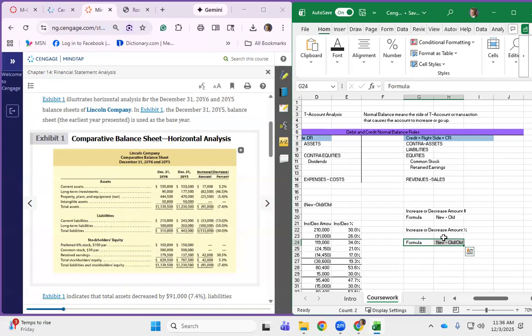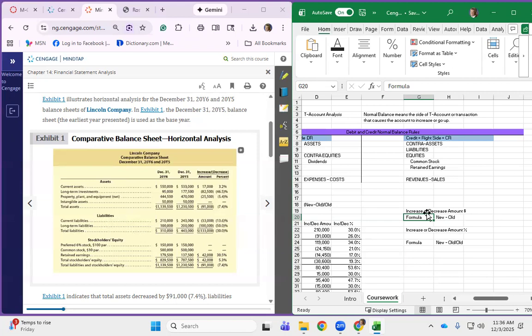So once again, the formula for finding out an amount of an increase or a decrease in dollars is simply the new minus the old. And if you always do new minus old, if it's an increase, it's a positive number. If it's a decrease, it's a negative number. So I'm explaining horizontal analysis here, which is what we're getting ready to do.